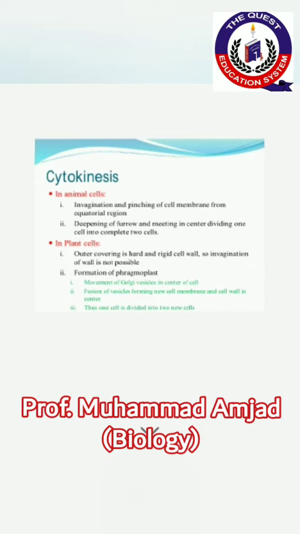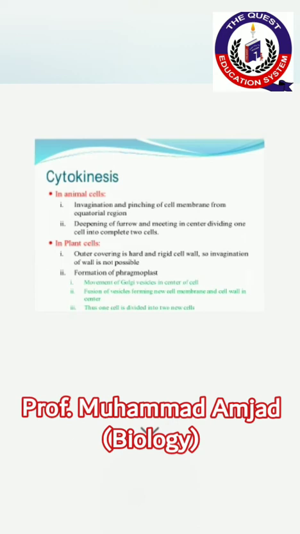While in the case of a plant cell, there is the formation of a special structure called the phragmoplast, because the outer covering of a plant cell is the cell wall. The cell wall is a rigid and hard structure. It does not invaginate.